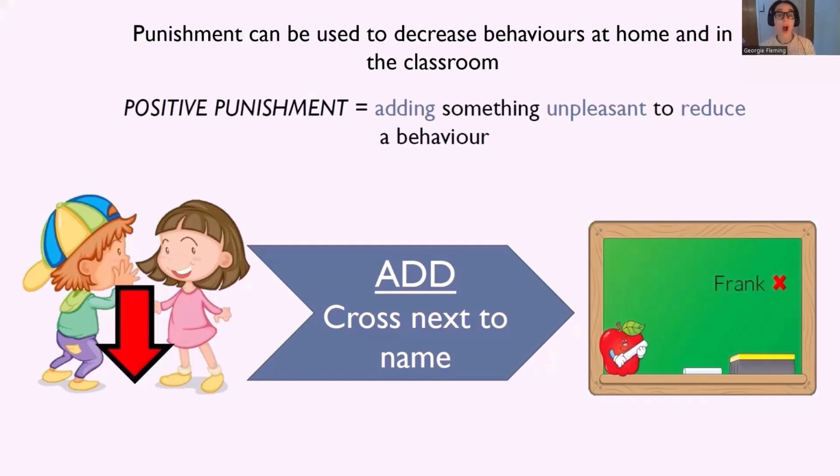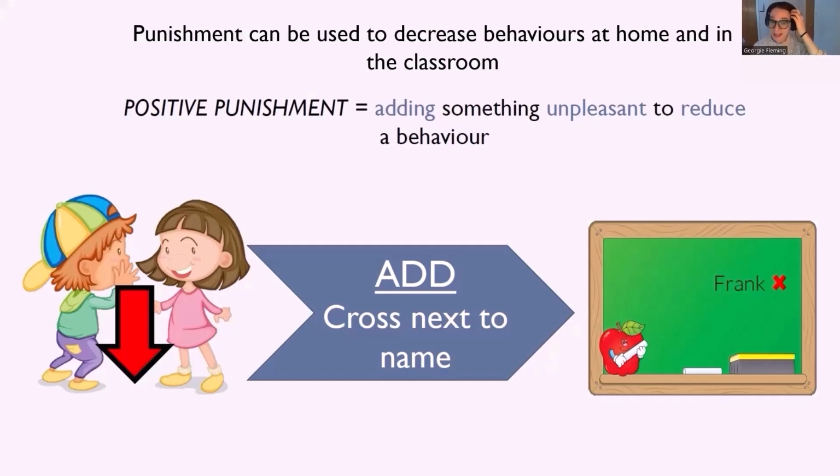I think, like I said before, I would have found this incredibly punishing, because it would have been so unpleasant to me to be almost publicly put on display as someone who wasn't following the rules. So for me, this would have decreased that particular behavior.